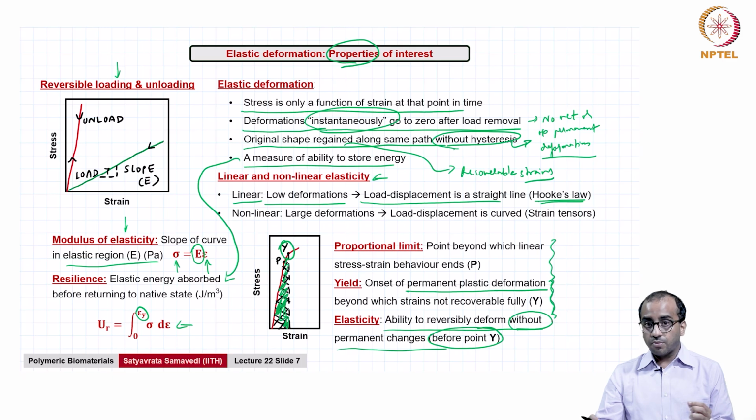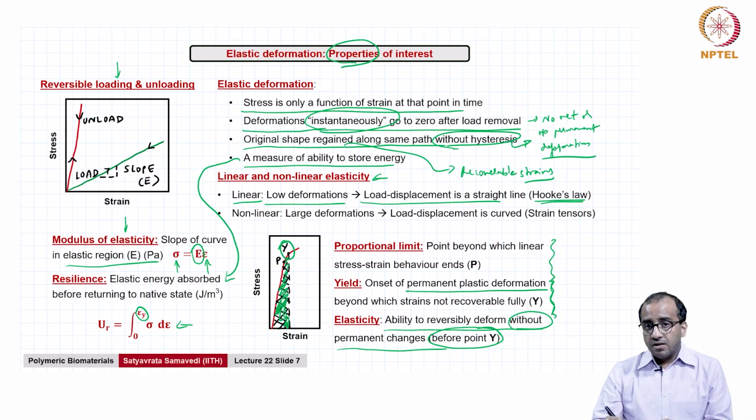Proportional limit is simply the point beyond which the stress strain relationship is no longer linear, but is still in the elastic regime, and yield is the onset of permanent deformation, and if you cross that, you have made permanent changes to the material, which means if you remove the load, the material will not return to its original shape.